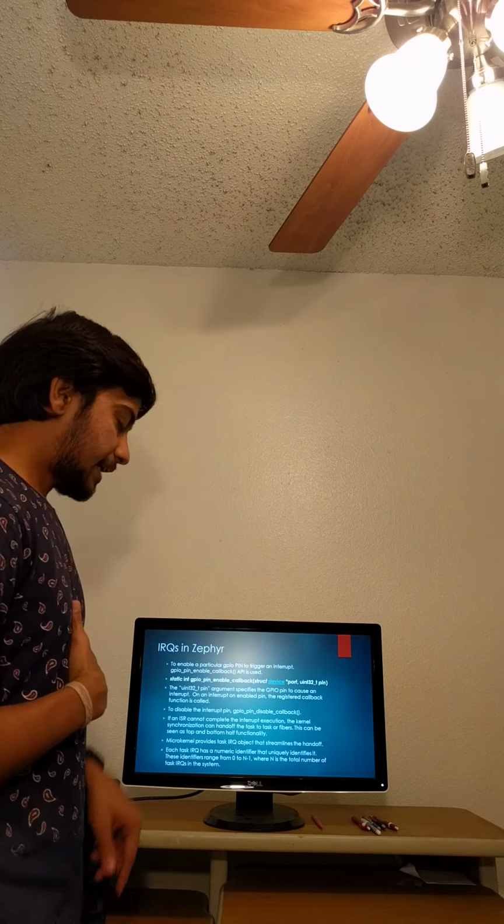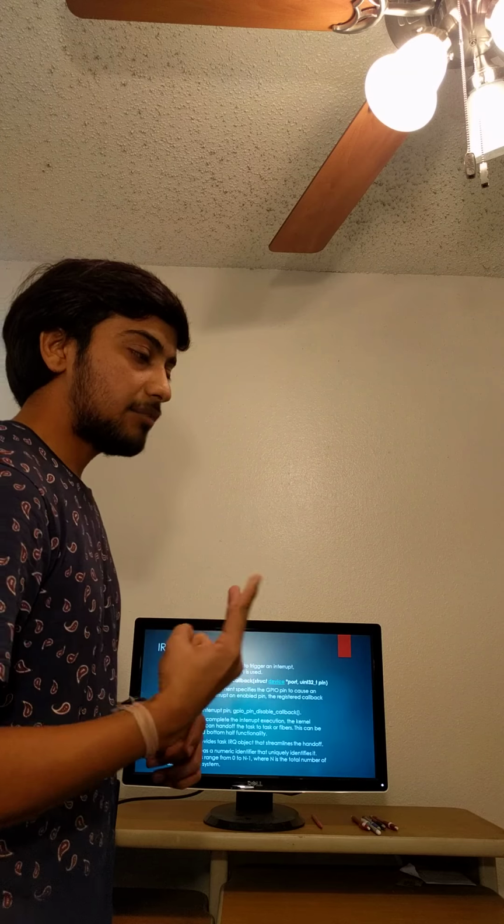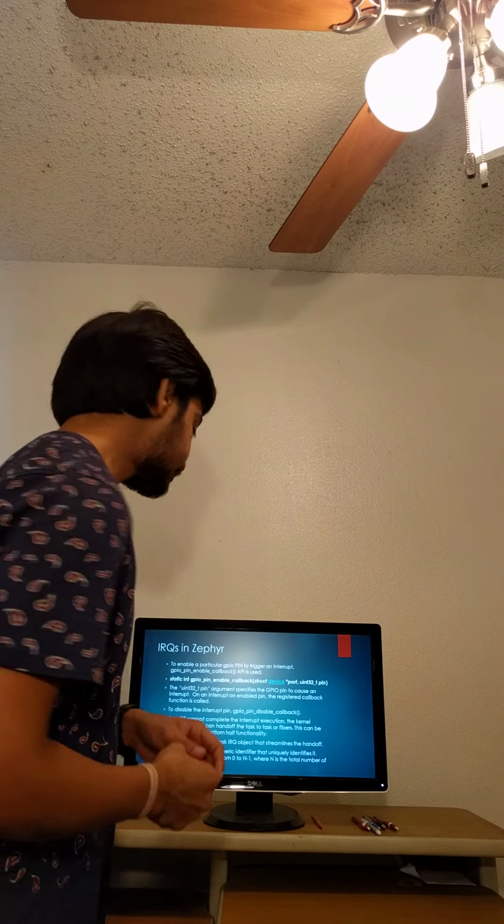When the callback has been added, at this point you have to enable it on a certain pin. So when a certain pin is triggered, a callback should come into the picture and a callback handler should be executed. This is achieved with the GPIO pin enable callback API, for which the second parameter is the GPIO pin number.